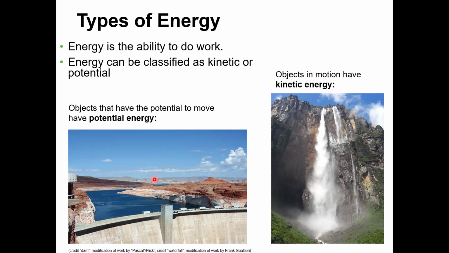Any object that has the potential to move, like this set of water here where it's still, has more locational energy, or potential energy, whereas objects in motion have kinetic energy, where the energy comes from that movement, like this waterfall where the water is gushing down with so much energy.